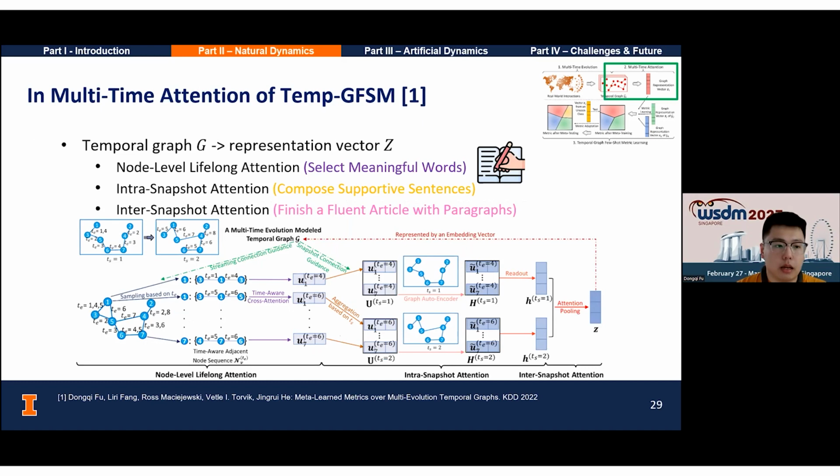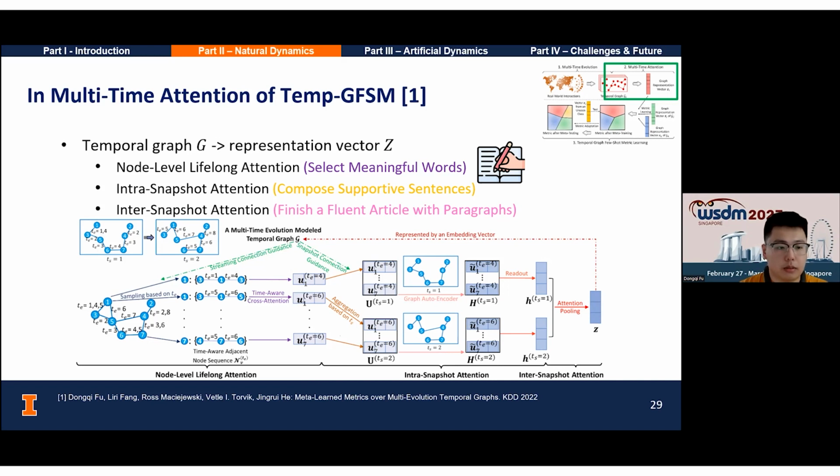This is the multi-time attention framework of TEMP GFSM, which has three attention mechanisms. The first one is node-level lifelong attention, the second is intra-snapshot attention, and the third is inter-snapshot attention. Imagine that you are writing an article. The node-level lifelong attention is like selecting the meaningful words.